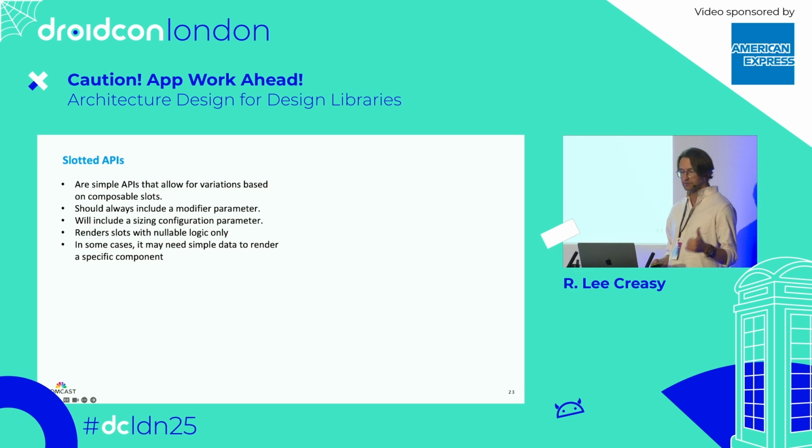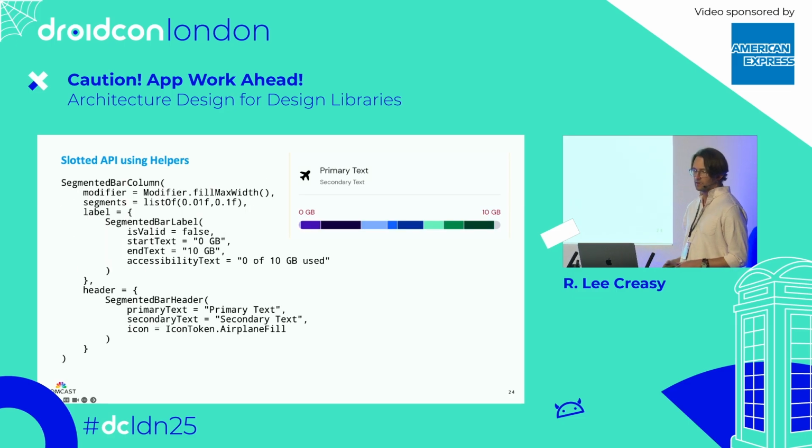Slotted APIs are simple. They should always include a modifier parameter. We'll include sizing configuration parameter, render slots with nullable logic only, and in some cases may need some simple data. This is like a graph that we've made for our users, and it's just a real simple, well, it's called column.